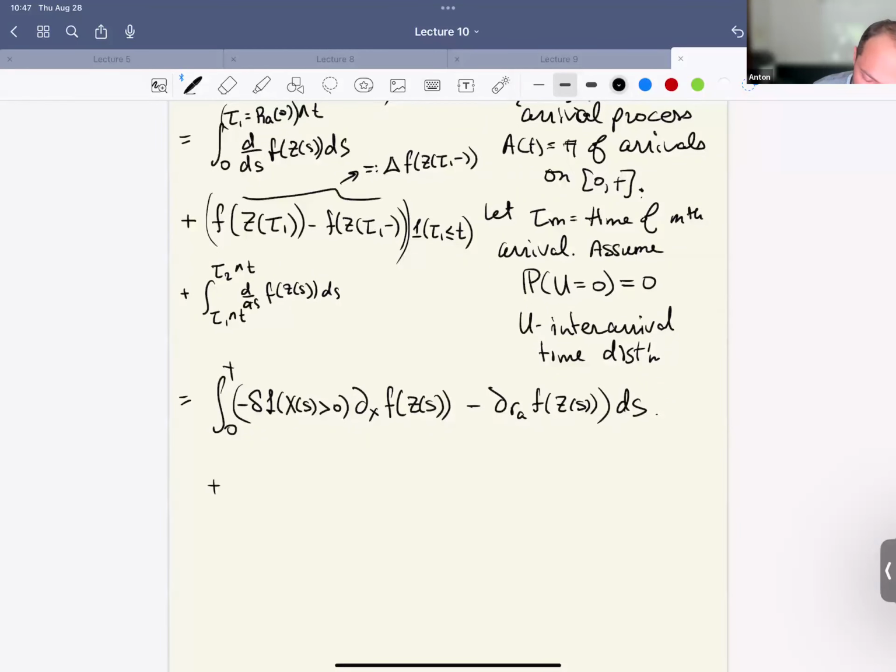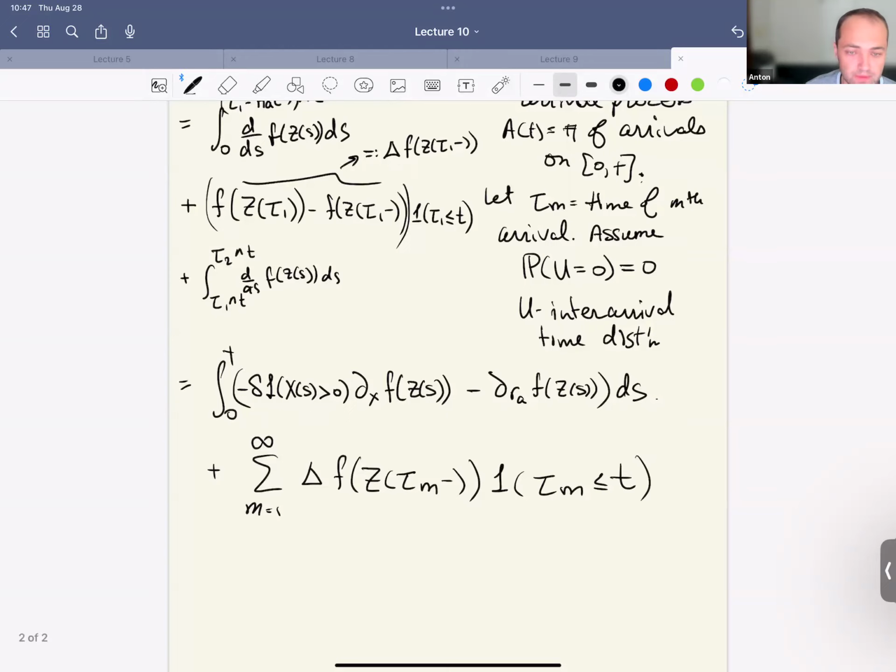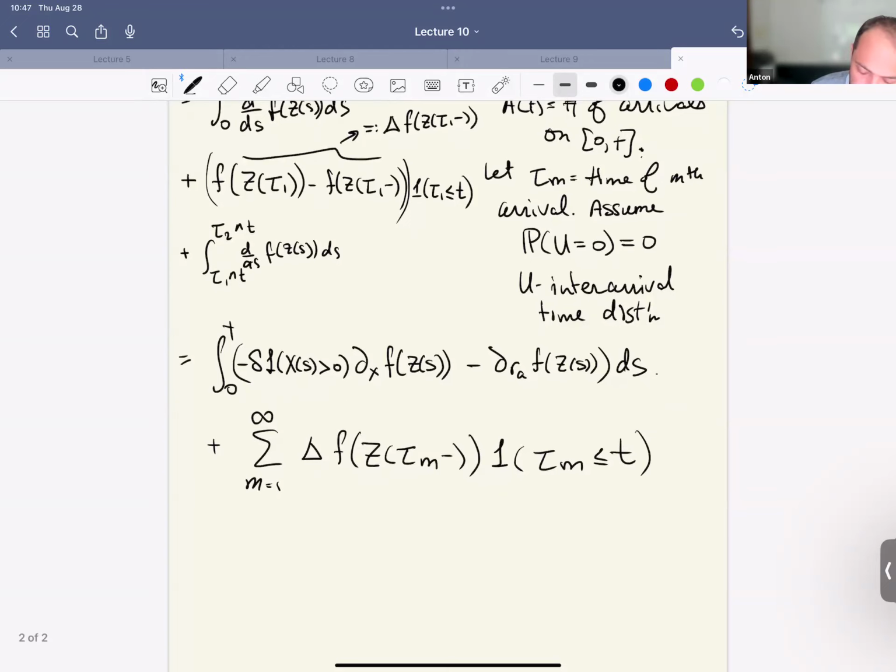And then we have the jump component. Sum m goes from 1 to infinity. The jump at time m or tau m. And we have to include the indicator that tau m is less than or equal to t. But writing out this infinite series representation is going to be very bulky and cumbersome.